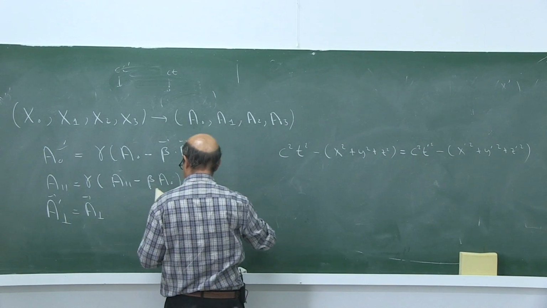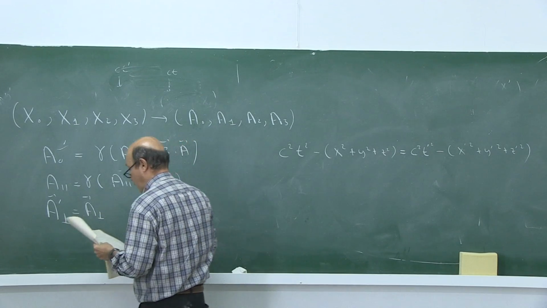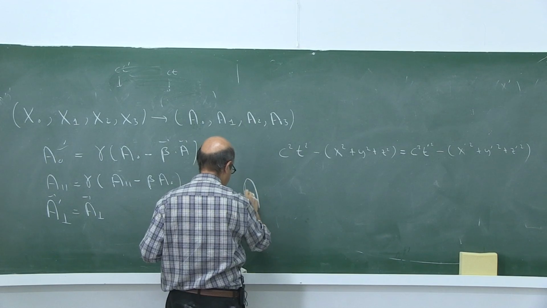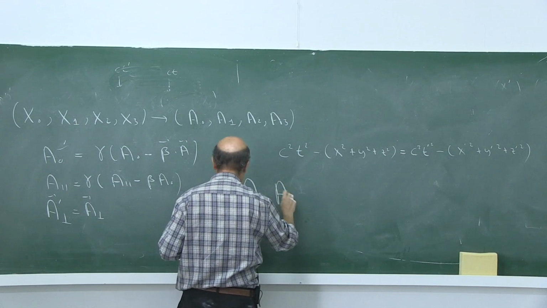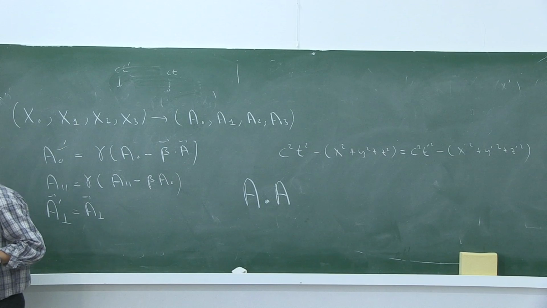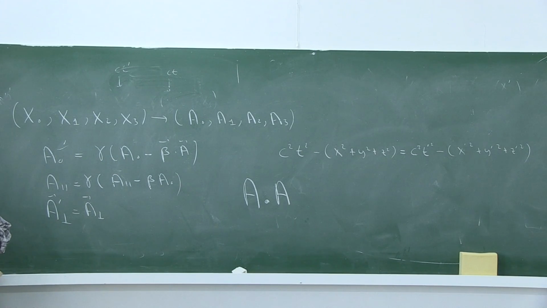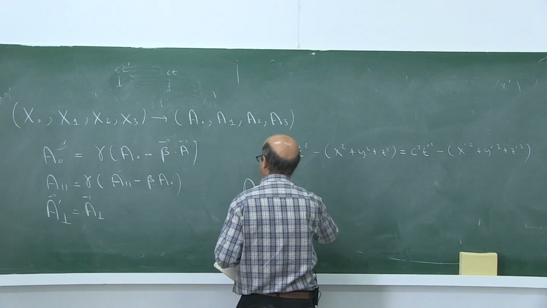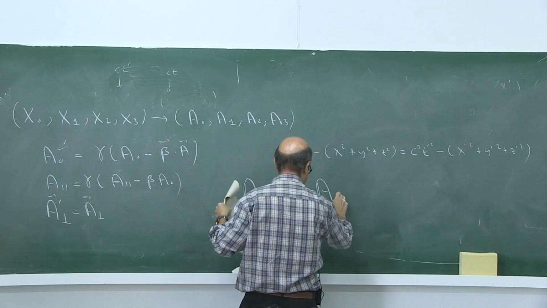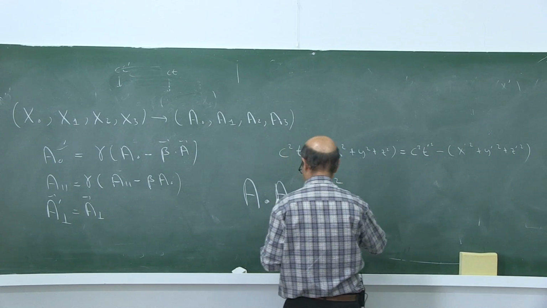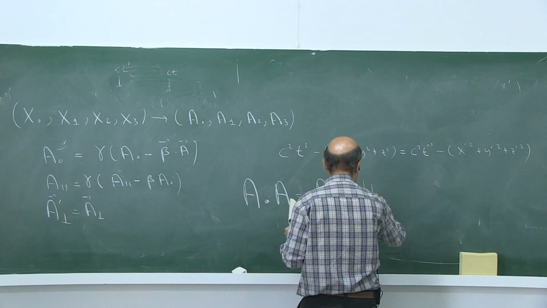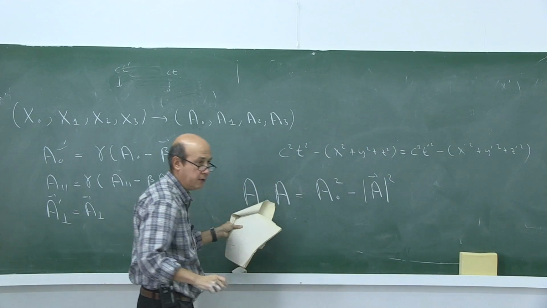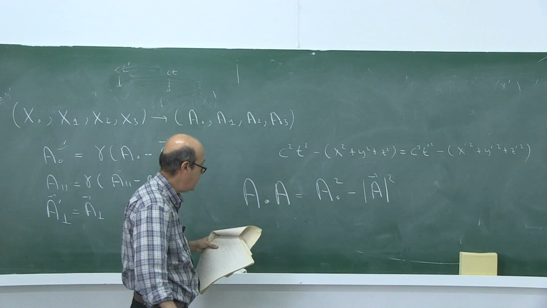So if you look at the scalar product of the four vector, which is denoted by A dot A, in your book notation, it is nothing but A0 square minus A square. This is the scalar product of A by itself, the length of A squared.